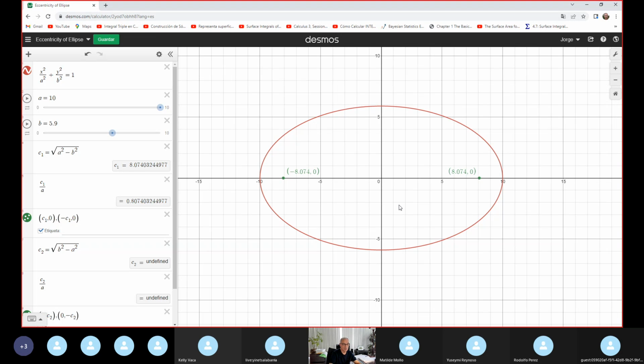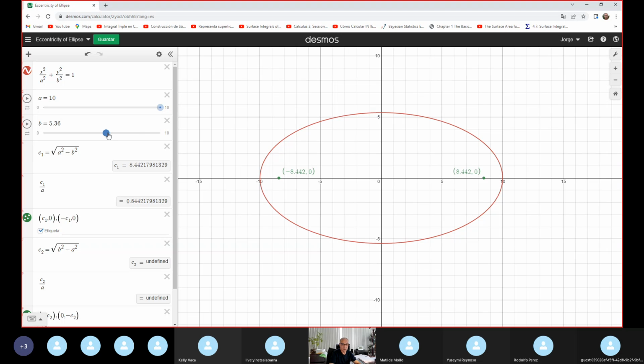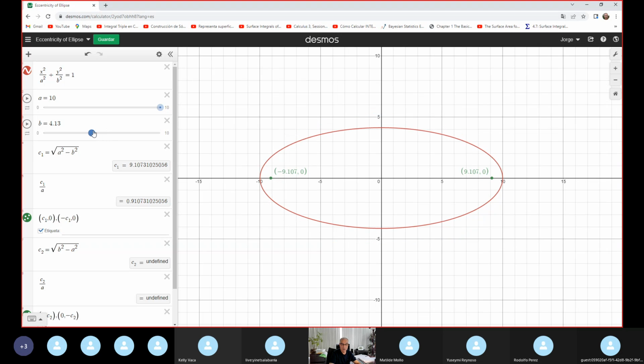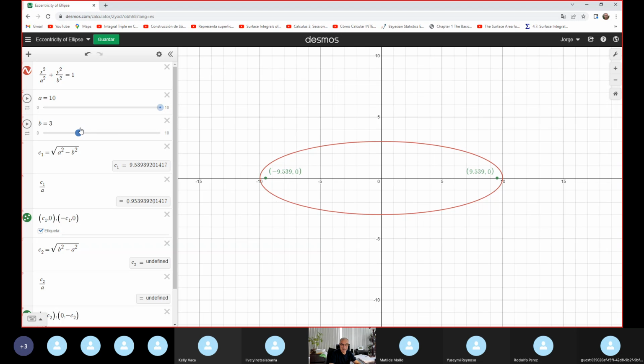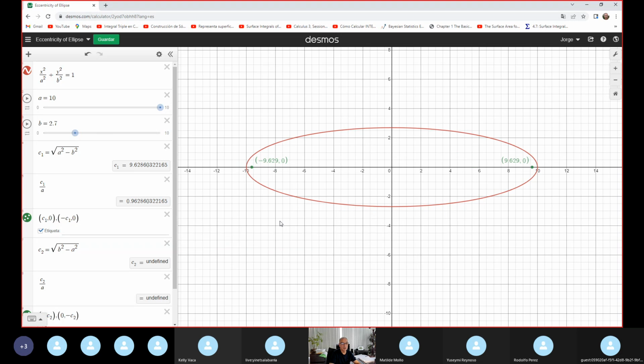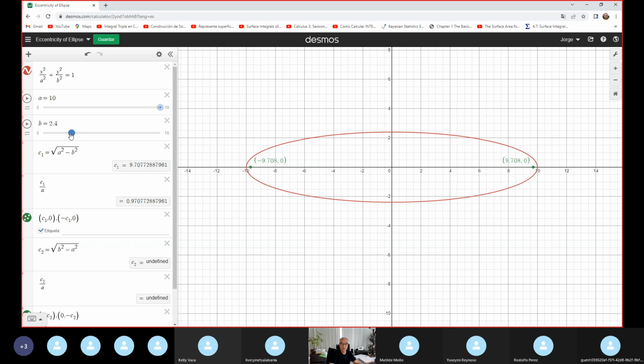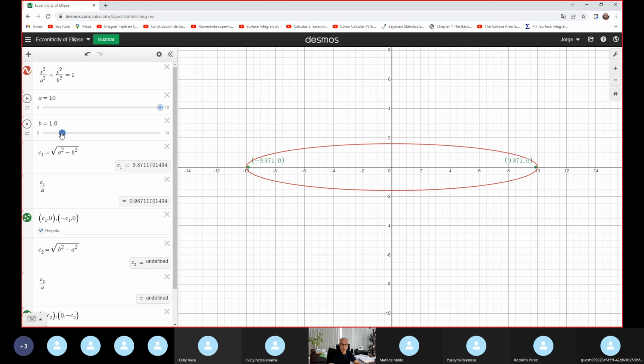For example, suppose I decrease B. Do you see the effect? The effect is that my ellipse is a little bit more flat. Let me zoom to see more clearly. And what happened with the position of the foci? They approach the vertex, right? I don't want to put 0 because the ellipse disappears.